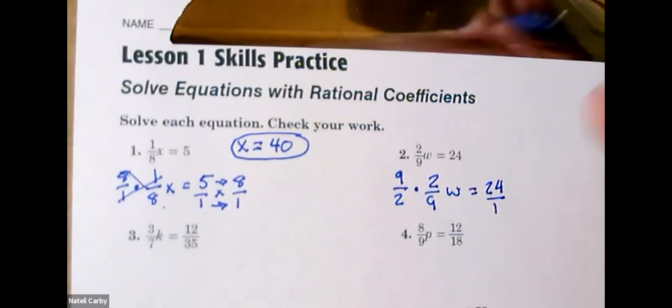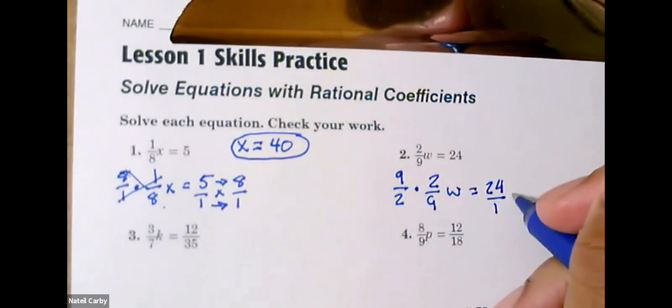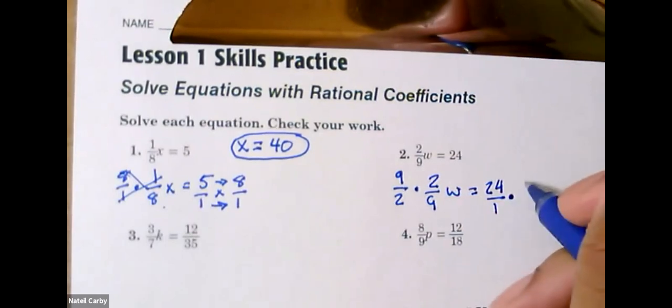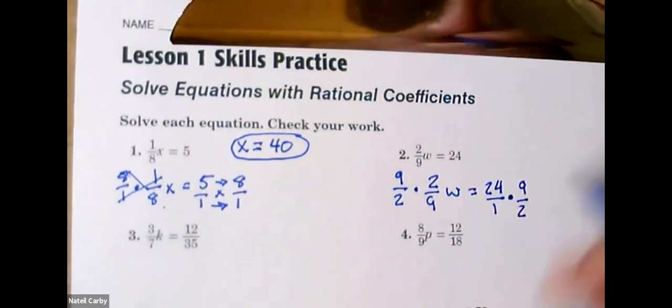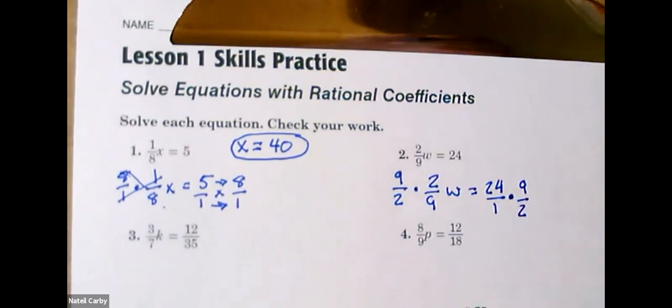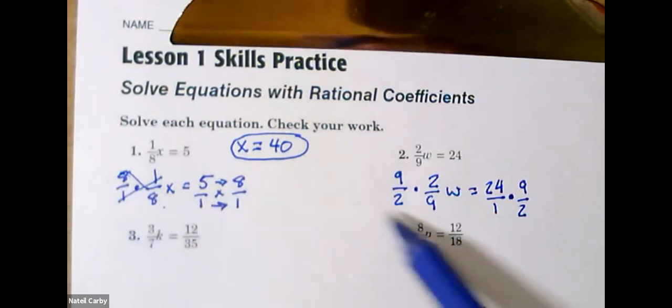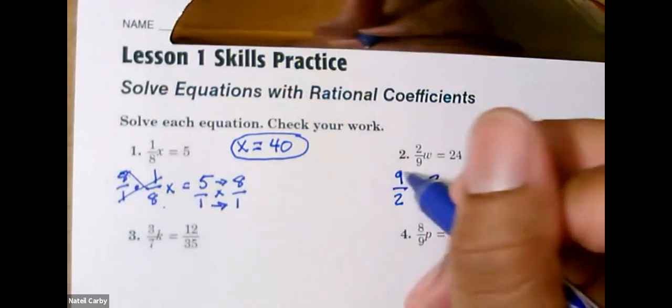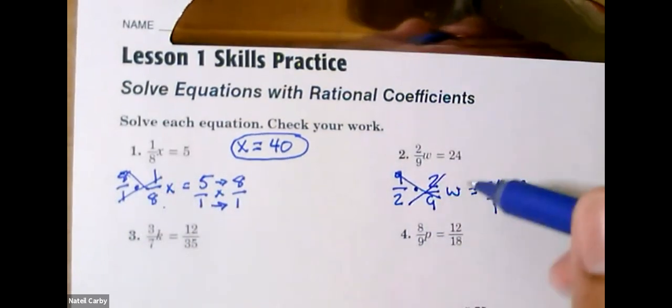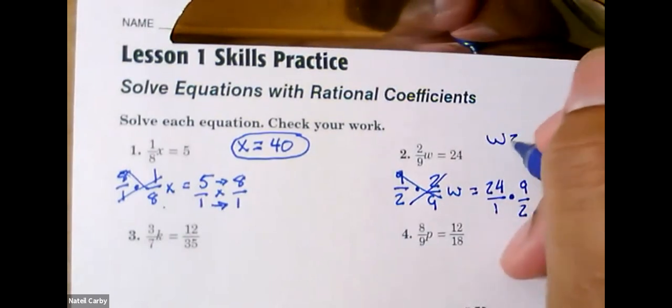It's just a habit of mine to put it over 1 so I don't forget, times 9/2. We're going to run into the same situation here. This is why we do it, because we want to get the 1W. We want to get W by itself.